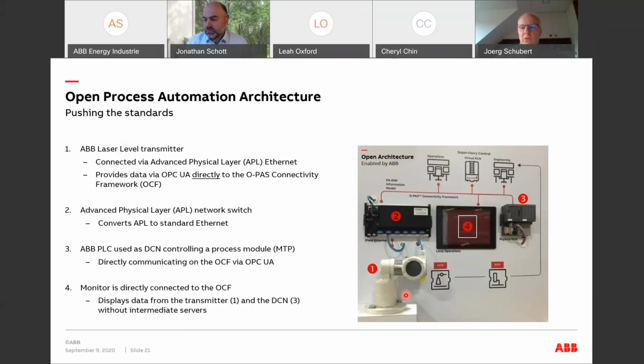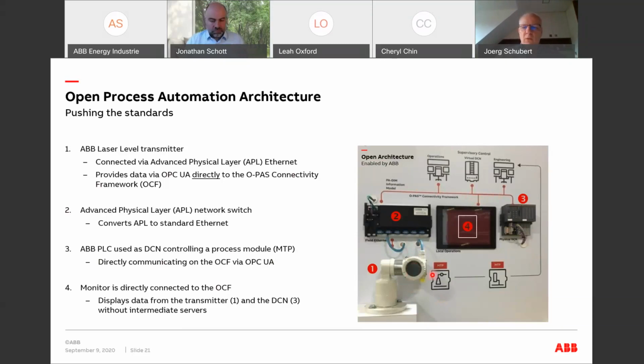So now your I/O suddenly becomes directly available on the system network. And to kind of tie this into the open process automation story, this instrument was also running an embedded OPC UA server, which is a communication mechanism that we're using in the connectivity framework of the open process automation standard.